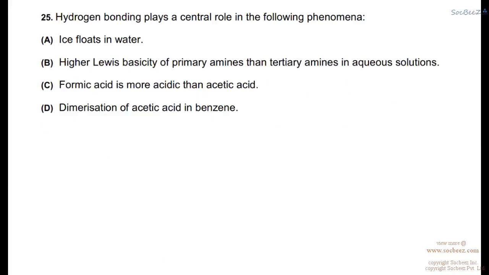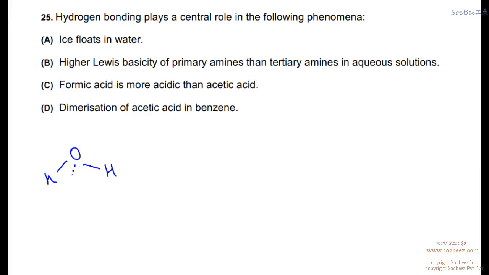The question states, hydrogen bonding plays a central role in following phenomena. A. Ice floats in water. So the structure of ice is a cage-like structure in which each water molecule is surrounded by 4 other water molecules tetrahedrally through hydrogen bonding.